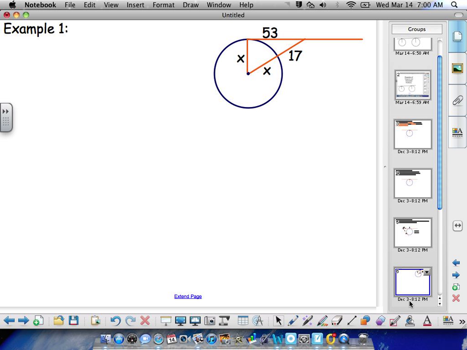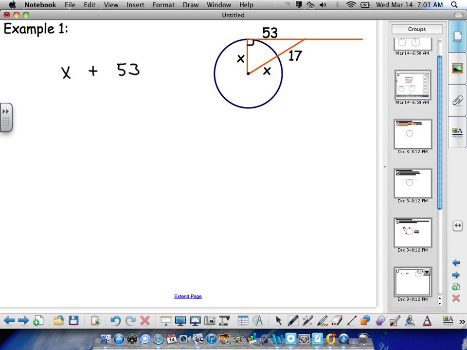First, assume that this is a right triangle, and that this is a point of tangency here. Let's solve for x. Well, this problem harkens back to our glorious days with the Pythagorean theorem. In a right triangle, the sum of the squares of the legs is equal to the square of the hypotenuse. The legs here are x and 53.